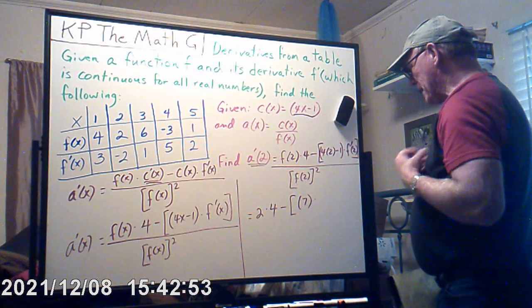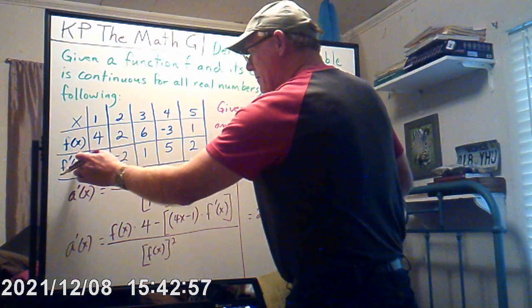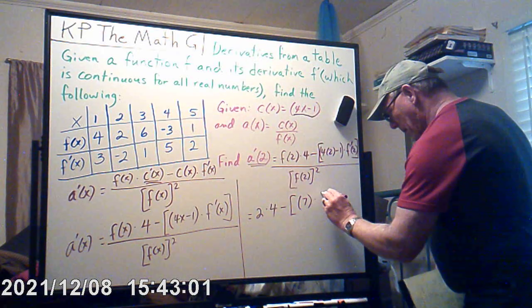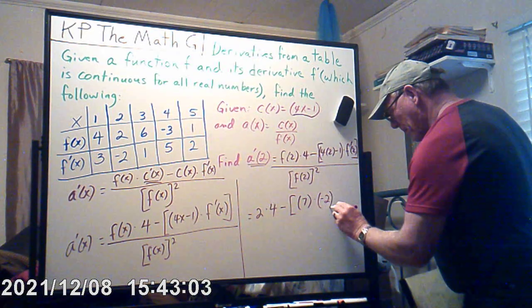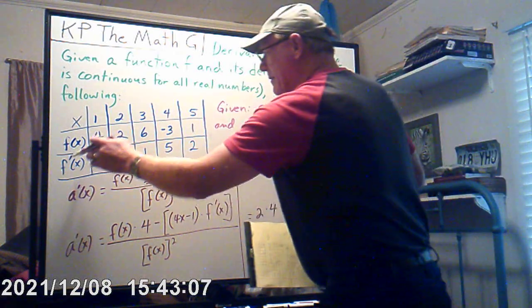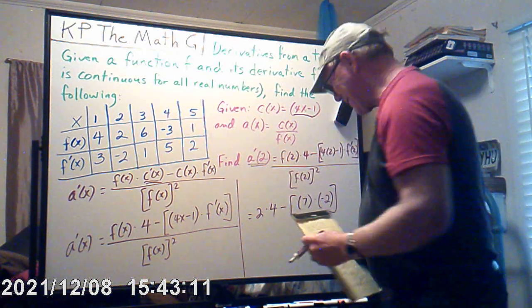Times f prime at 2. F prime at 2 is negative 2. Double checking. F prime at 2 is negative 2. Alright, we got it.